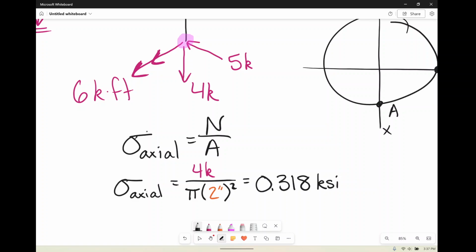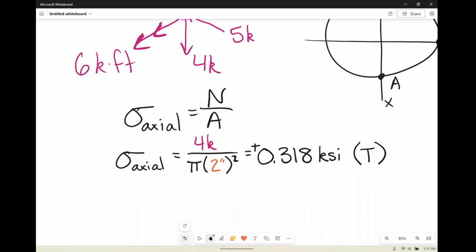Right, and our 4 kips is going down, and down is, of course, going to be tension. So we should probably write that as tension. Okay, and tension is, of course, positive.